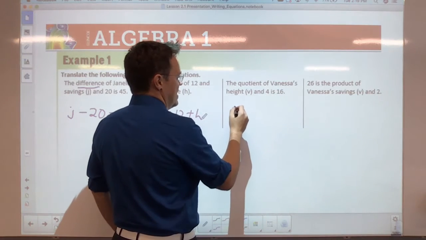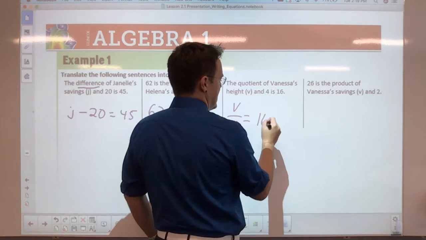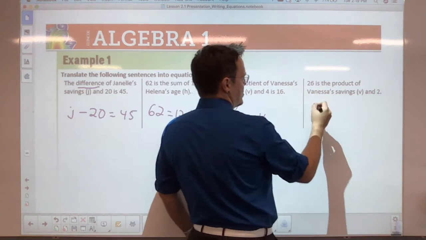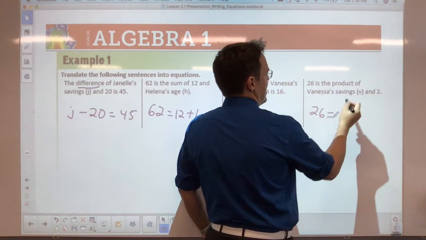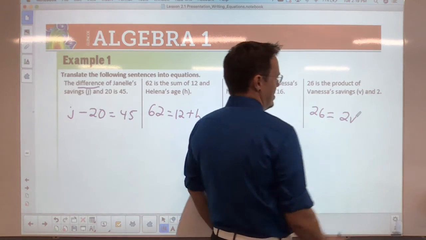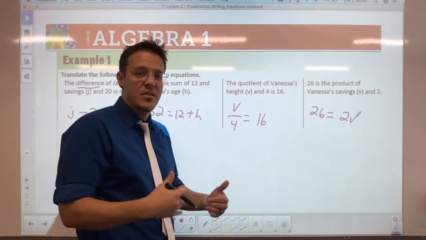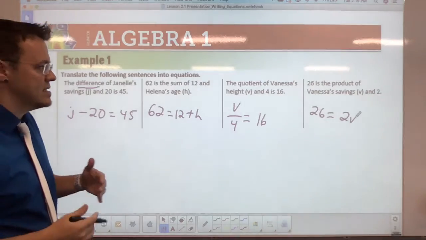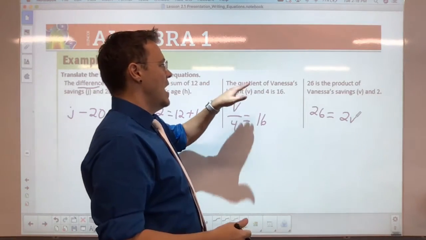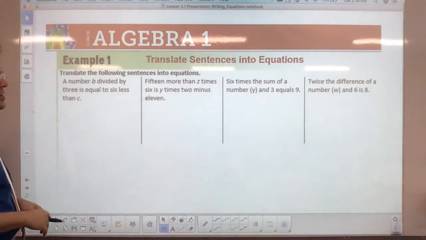Quotient of Vanessa's height, V, and 4 is 16. That's how you would write that one. And 26 is the product of Vanessa's savings, V, and 2, right? So make sure you understand how the setup works. If I went too fast on that, rewind the video and figure it out. I know key phrases here. You guys need to learn those key phrases if you have not already figured them out.